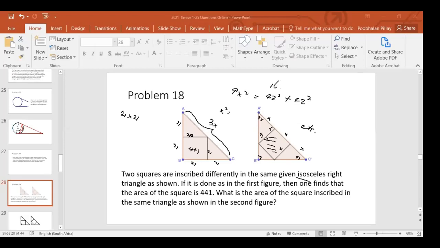So you're left with 14 squared plus 14 squared. Just think about that. When I'm dividing this by 9, I'm dividing by 3 squared, so I'm left with 14 squared. So this is easy to calculate. 196 plus 196 is 392. And that is exactly what we're looking for. The area of the square here is x squared, and the answer is 392.